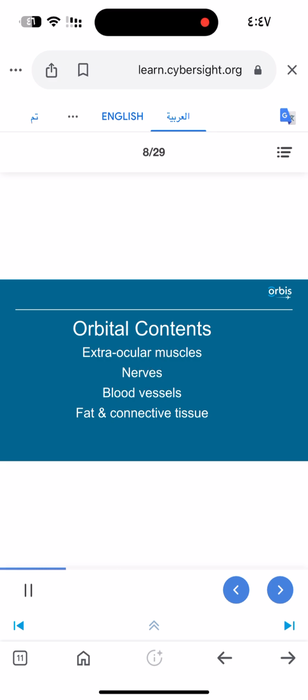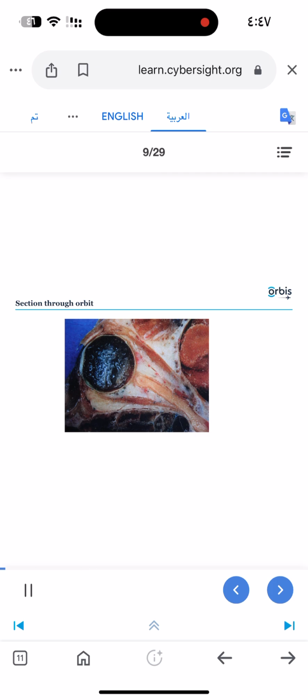Next, we will look at the orbital contents, focusing on the extraocular muscles, the nerves and blood vessels that pass through the orbit, and finally the fat and connective tissue. This is an anatomical dissection showing a horizontal section through the orbit.